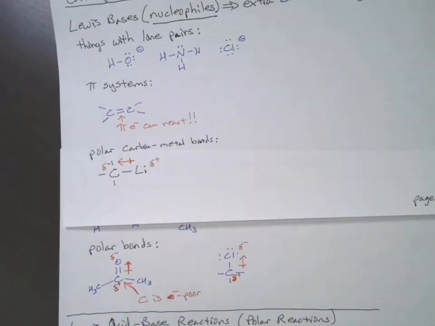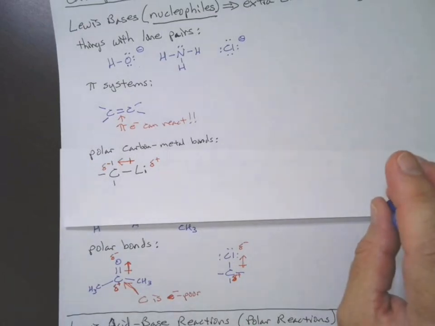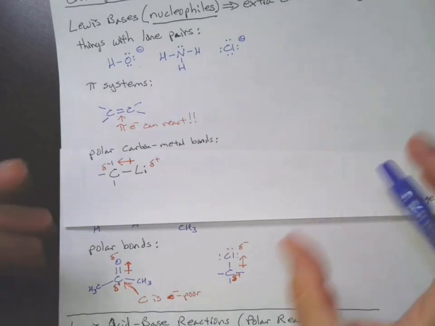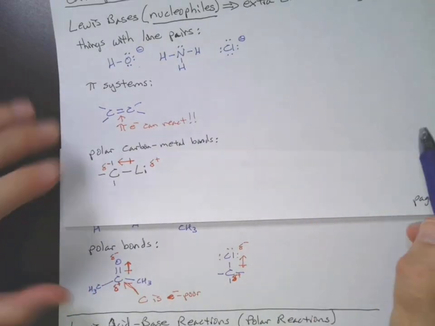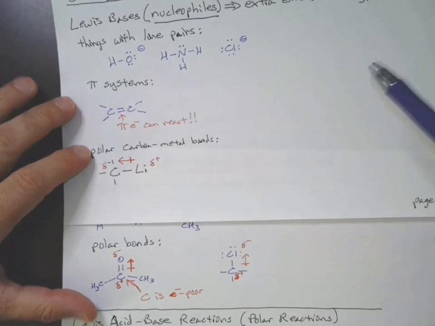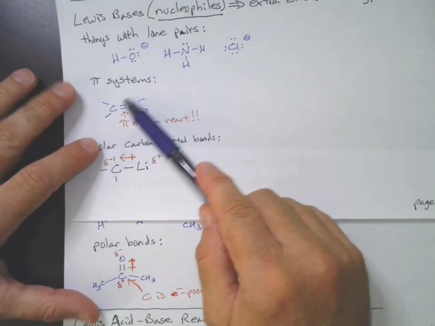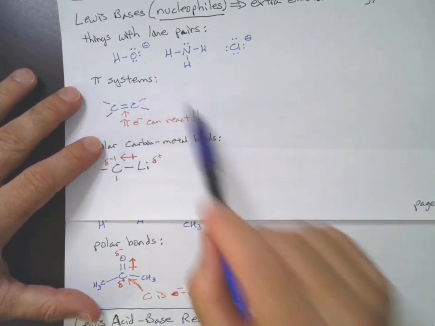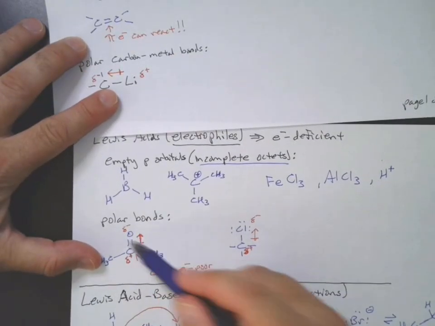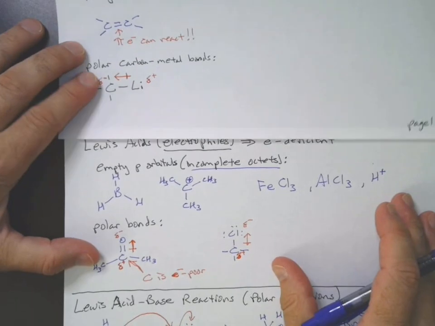So when you're trying to identify Lewis acids and bases in practice problems, those are the things to look for. So for Lewis bases, look for lone pairs, look for some double bonds, or pi systems, but they should be carbon-carbon double bonds. Okay, a carbon-oxygen double bond, because it's polar, is going to be a Lewis acid.